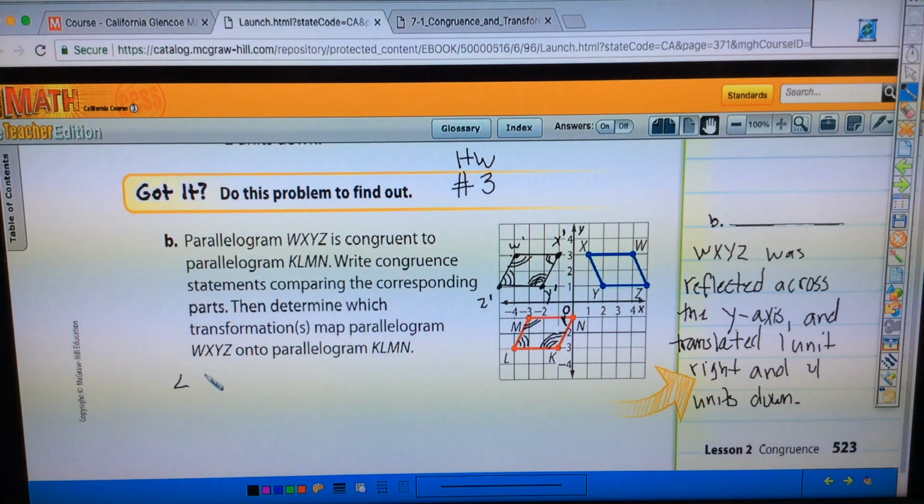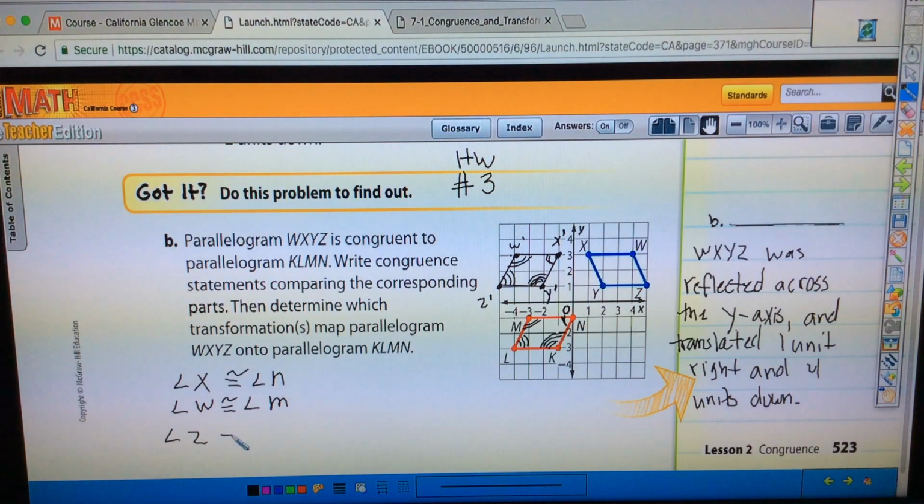Again, angle X corresponds with N. Angle W corresponds with angle M. Let's see here, angle Z corresponds with angle L, and angle Y corresponds with angle K. Okay, so there's all my angles.